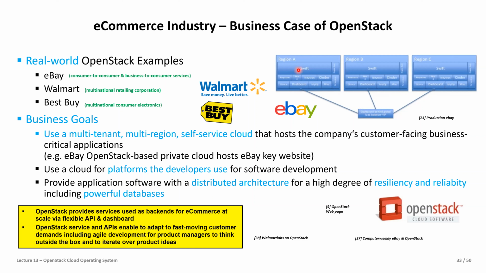And the names you already know, like Swift Storage, we discussed. The Cinder we discussed as well, Neutron, Keystone, you go on and go on. And this is, of course, something which is always required. And with this, there are specific OpenStack components for it. And here, the idea is really thinking about a multi-tenant, multi-region, self-service cloud.